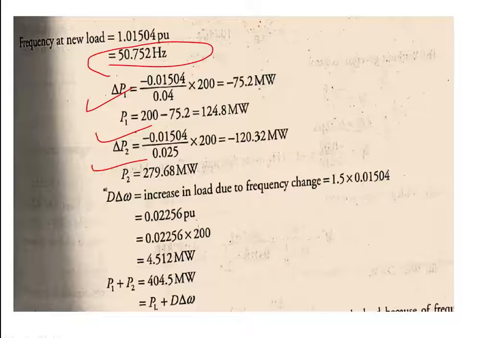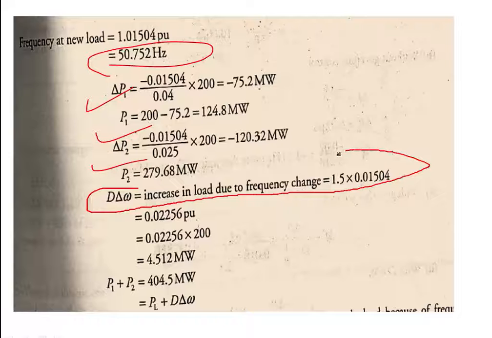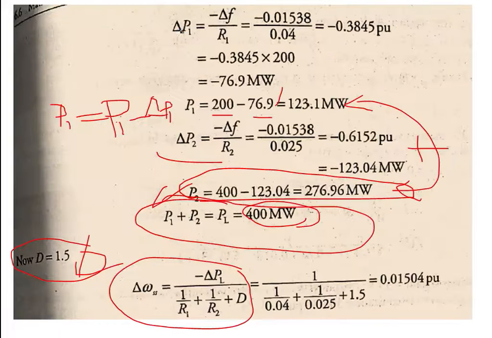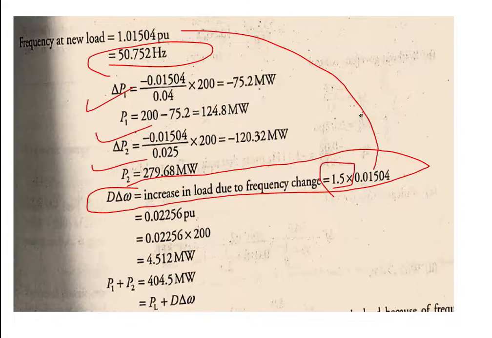Once you know D, then you have to find the change in frequency as well as the change in load, the increase in load due to frequency changes. So 1.5 per unit into delta omega. We know that delta omega is the change in speed. So here we get the values. Then in terms of PU, converted into megawatt, we will get the megawatt.